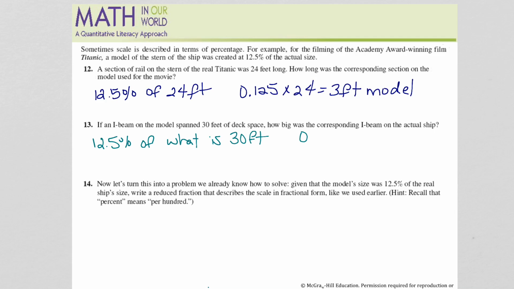So remember back when we were doing percents, change the 12.5 to decimal, 0.125 of what? So times x is 30 feet. Divide both sides by 0.125, and so the actual size of this I-beam was 240 feet.